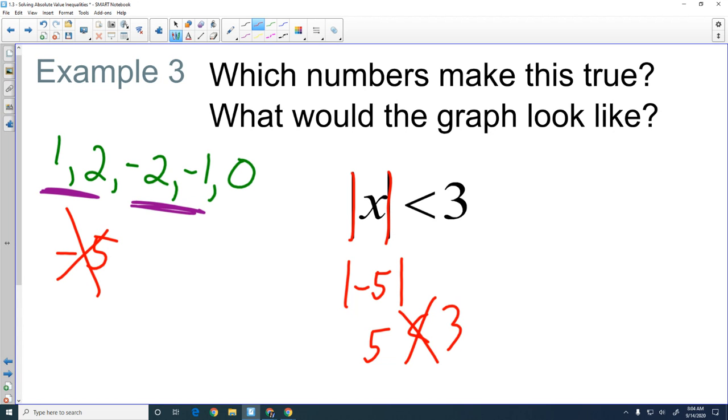So there is a limitation to these. And so if we were to graph this on a number line, it's actually going to be all the numbers that are, well, we know less than 3. What do you think the number on the left should be? What's that other endpoint?